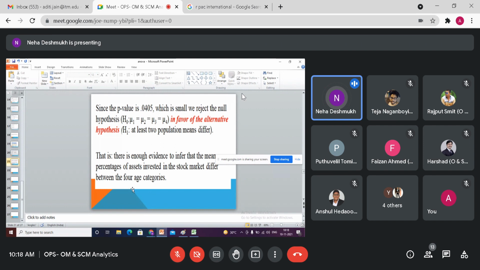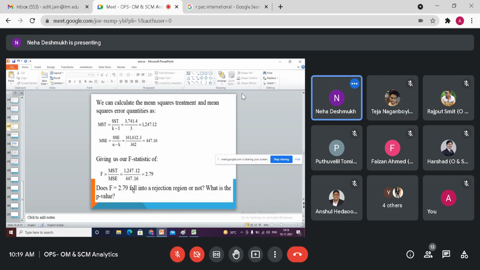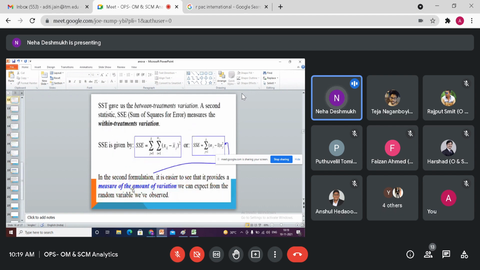Actually, if I calculate the impact of variation in an independent variable on a dependent variable, right? So this is all about ANOVA.